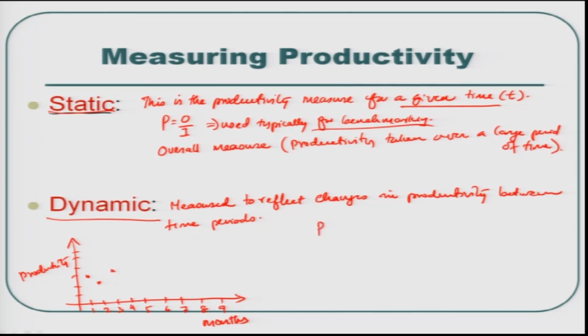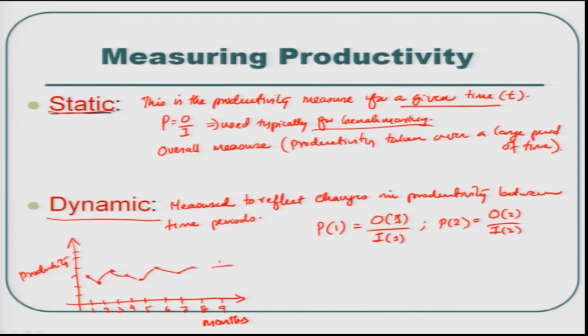So, P of 1 will be output of 1 over input of 1, and the productivity of the second month, P of 2, will be output of 2 over input of 2. So, something like this, you measure productivity this way, and you sometimes draw graphs out of this.